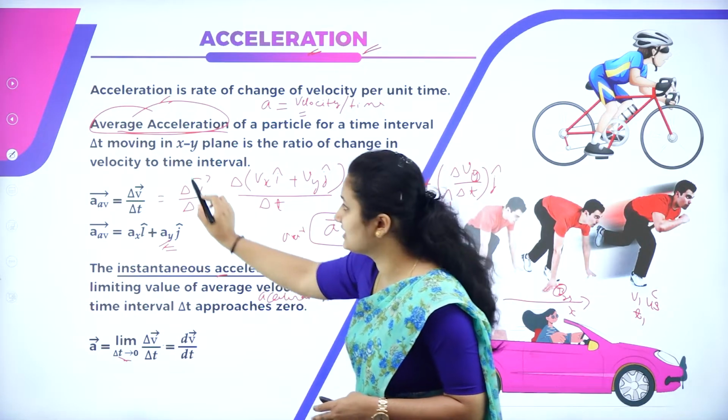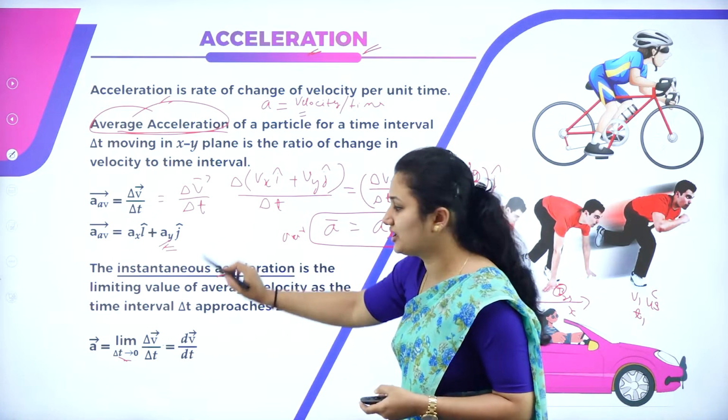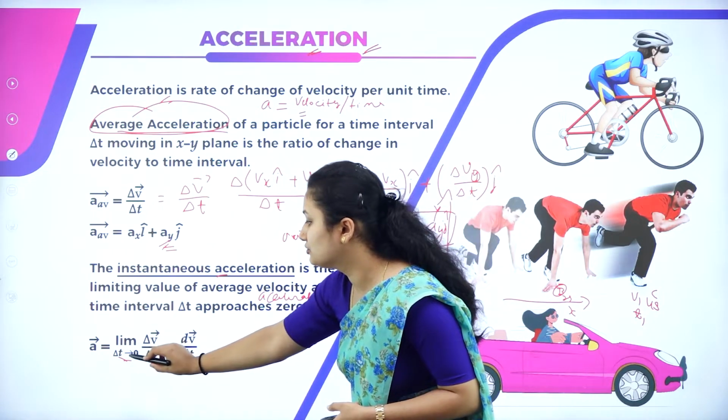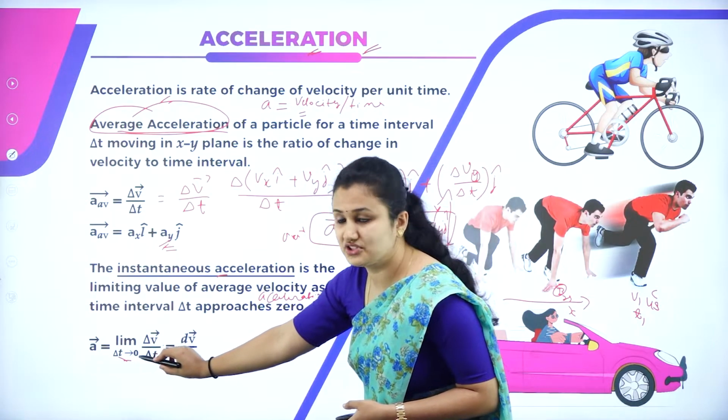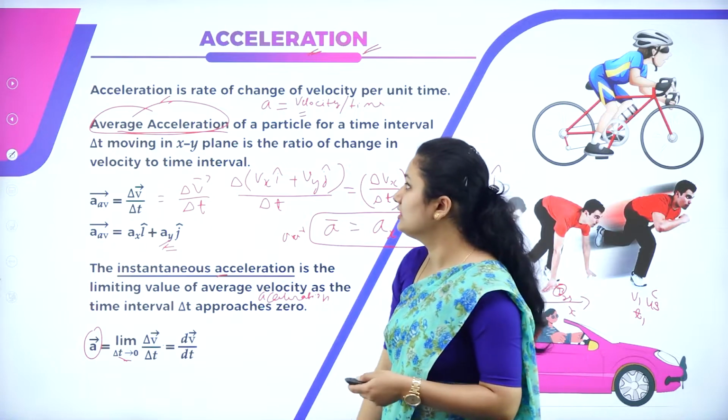Delta V by delta T is your average acceleration, change in velocity by change in time. Limiting that value as time tends to 0 is your instantaneous acceleration.